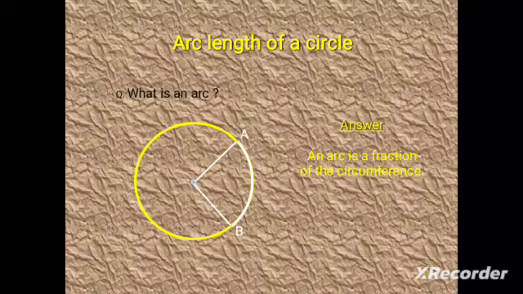That gives us a simple definition of an arc to be a fraction of a circumference. Now you can see we have two types of arcs. That is the minor arc, shaded white, and we have the major arc, shaded yellow.